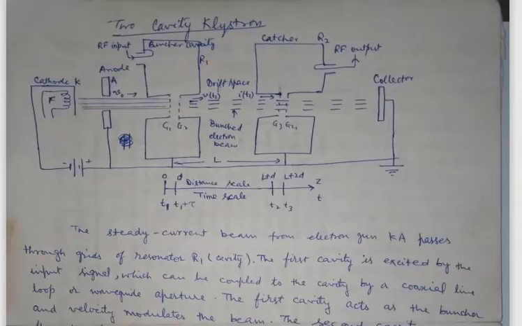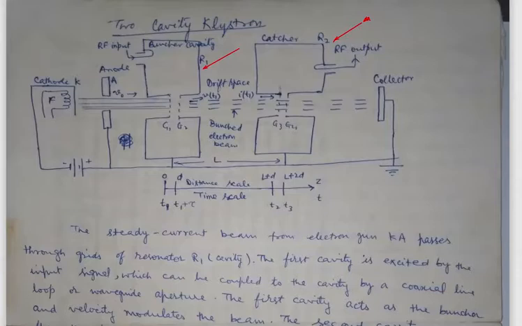There is a resonator R1 which is named the buncher cavity. The second cavity is called the catcher cavity. A small signal AC input is applied in the buncher cavity and an amplified RF signal output is taken from the catcher cavity.